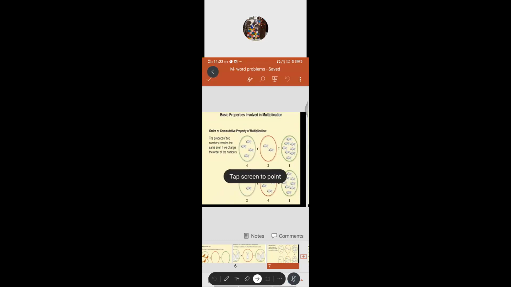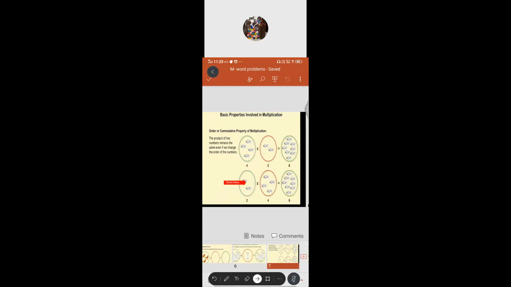Then order property. So what is the order property? If you change the order, multiplicand becomes the multiplier and multiplier becomes the multiplicand. The product will be the same. Here the first one is multiplicand, the second one is multiplier.